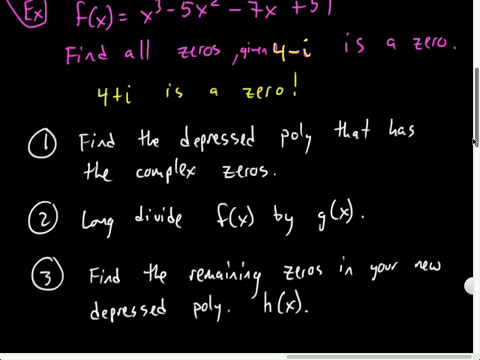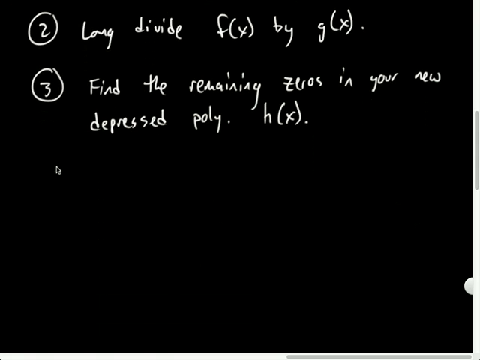The opposite of your zero is the number that goes with the factor. So if I say 4 minus i is a zero, then that means, ready for this? My depressed polynomial must have x minus 4 minus i as a factor. It's kind of weird looking.